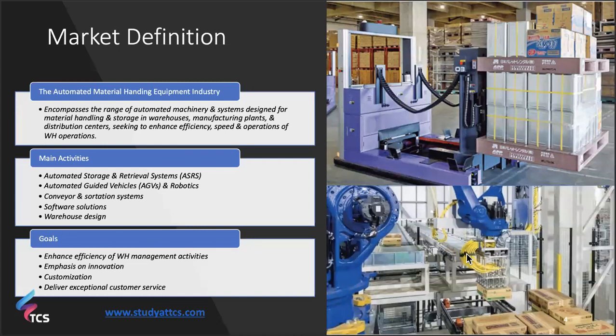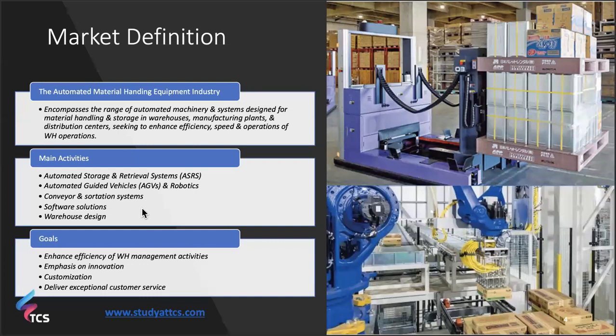So robotics as well as AGVs are heavily utilized in modern day warehouses with the intention of achieving the required level of efficiency. And conveyor and sortation systems are also there with the intention of ensuring that you stock the inventories in an appropriate location in the most efficient manner.